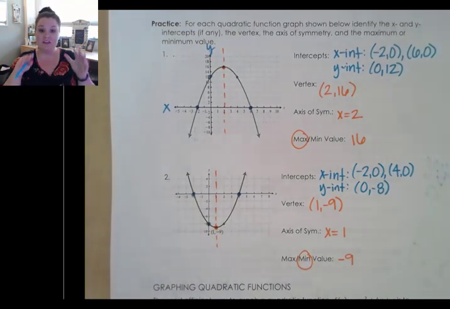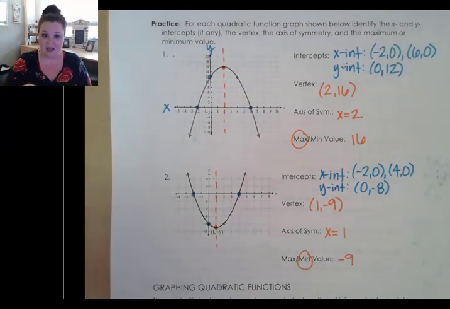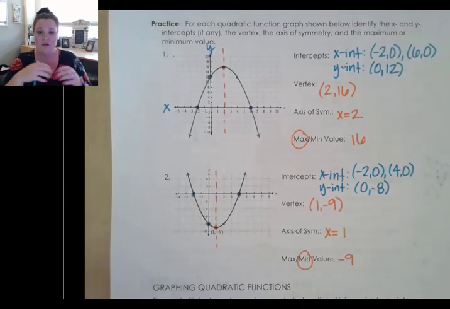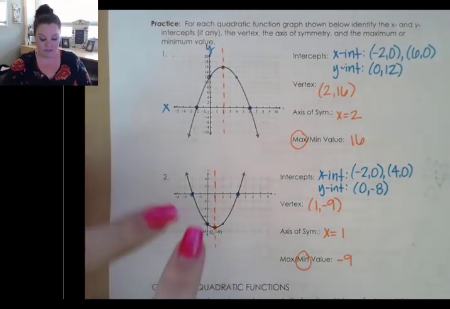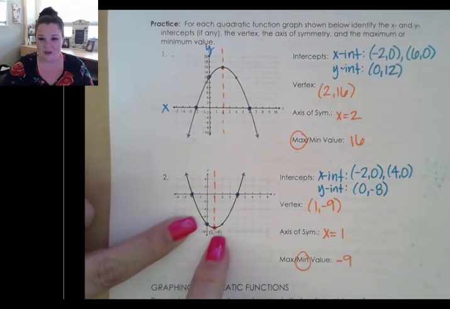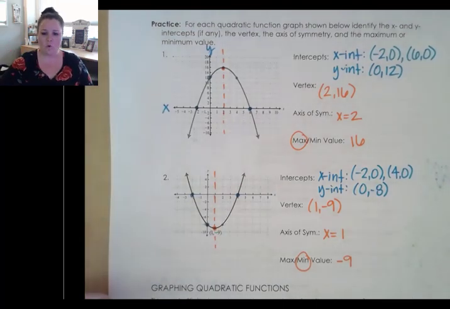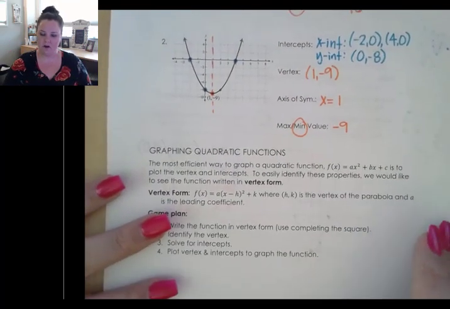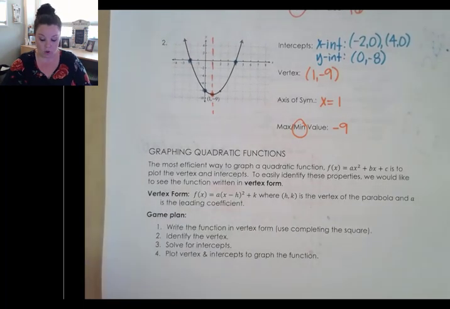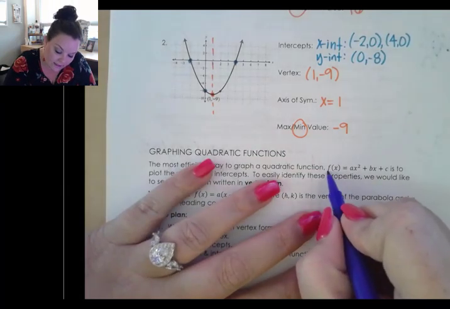Okay, so this is everything that we want to be able to identify when we're talking about parabolic functions or quadratic functions or graphs. It's really easy once we have the picture, but what we need to be able to do is take a quadratic equation or a quadratic function, which is normally written like this: ax² + bx + c.